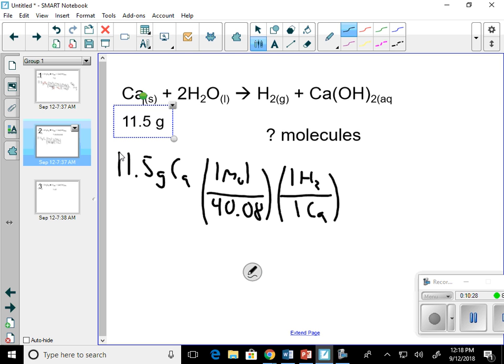I can do the exact same first two steps. Convert your grams to moles. Use stoichiometry, although it's pretty simple stoichiometry and it's a 1-to-1 ratio, to go from moles of calcium to moles of hydrogen. I need to get to molecules. How do I do that?